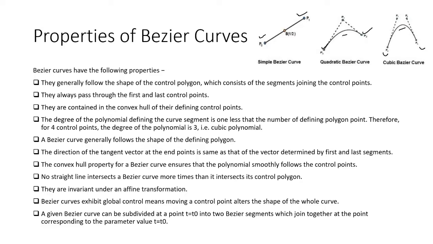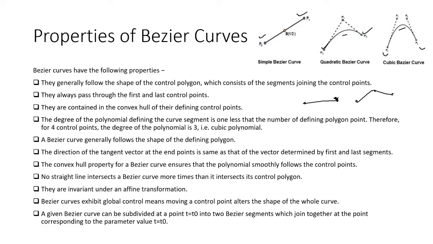The degree of the polynomial is 1 less than the number of the defining polygon points. As I have said in the previous example, whenever there are 2 points, the polynomials are going to be P0 and P1. When there are 3 points, in that case it is going to be P0, P1 and P2.